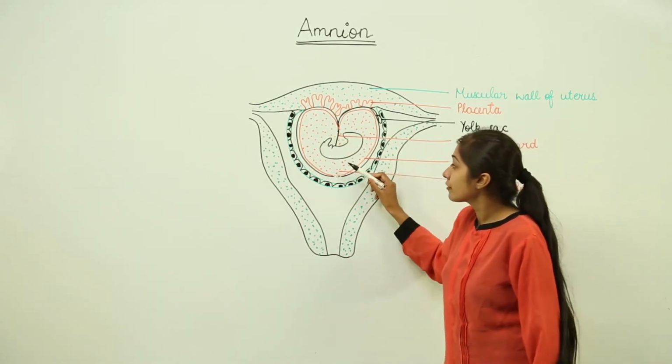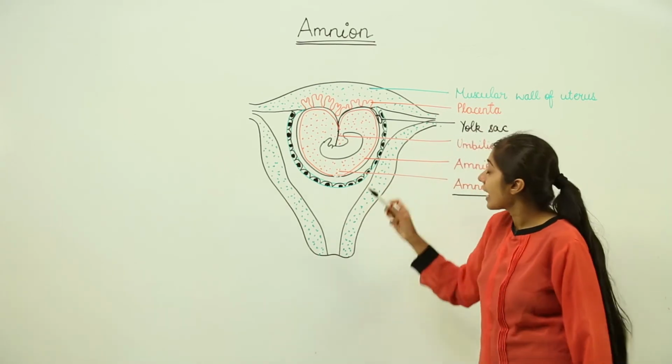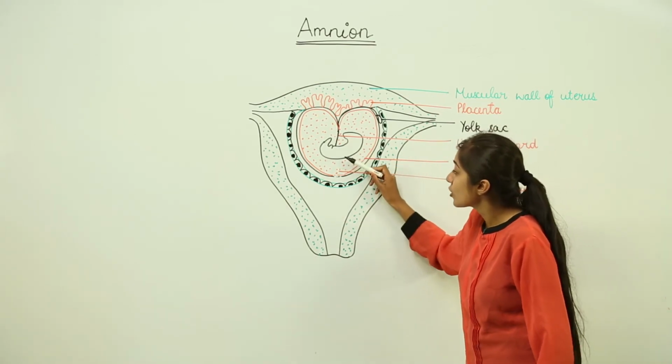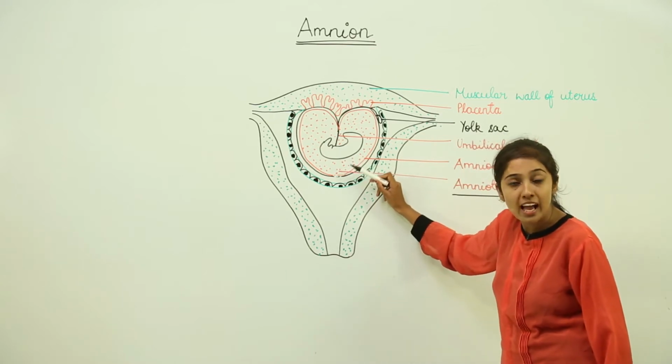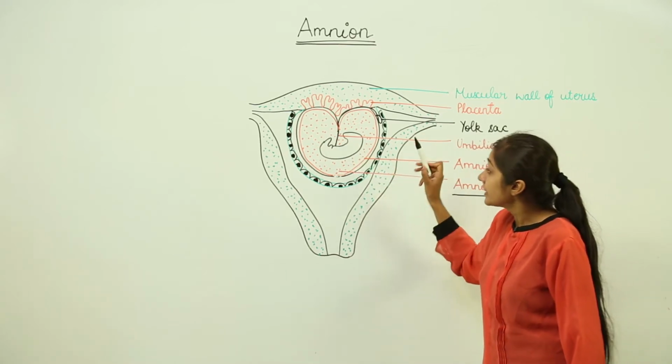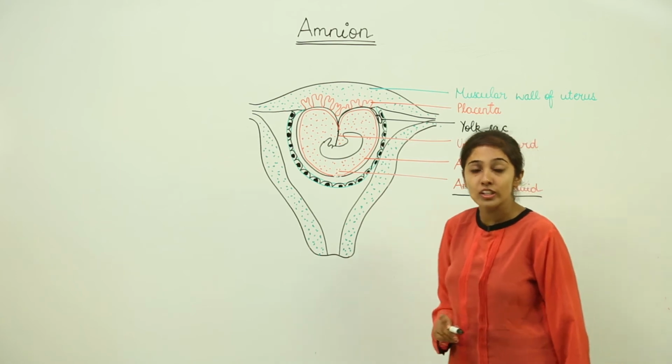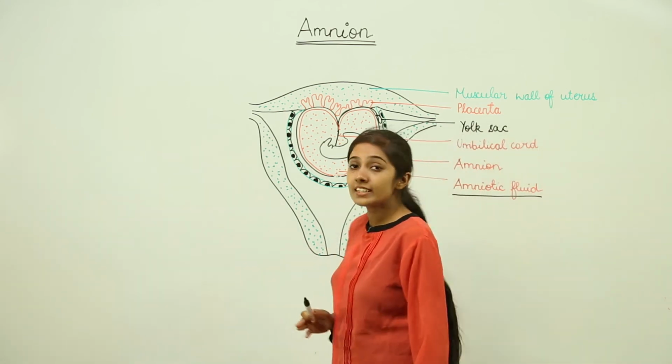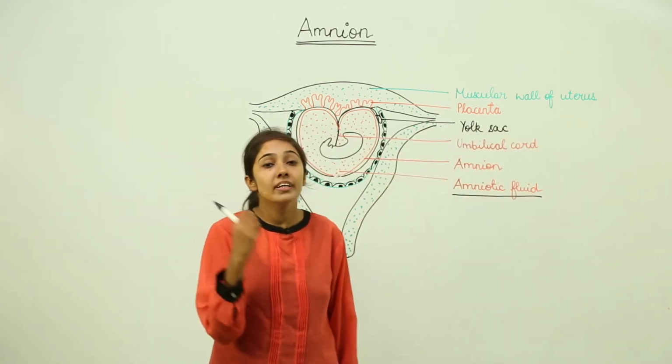Now this amniotic fluid is preventing the direct contact of the fetus with the sac lining, with the amnion lining. Then secondly, this fluid is preventing the fetus from any mechanical shocks.